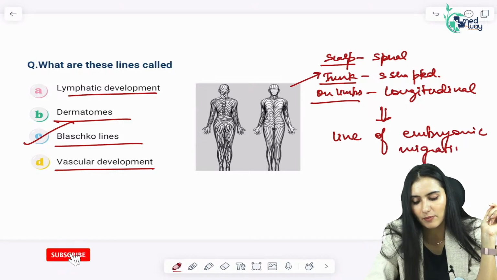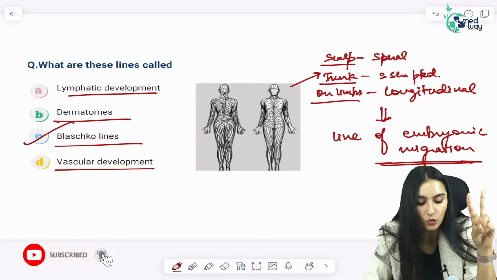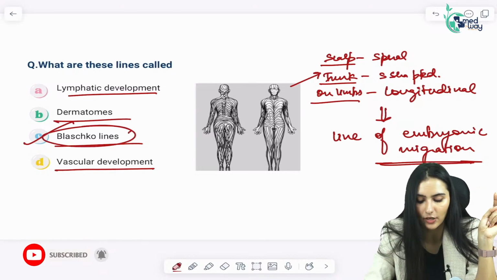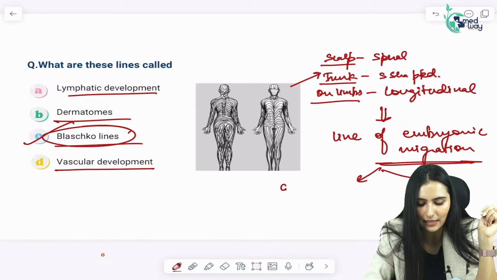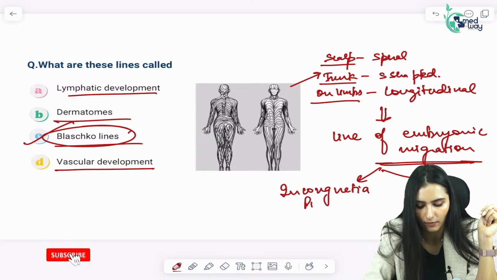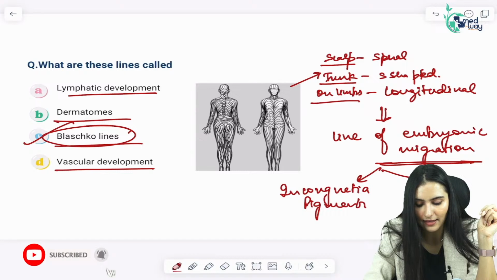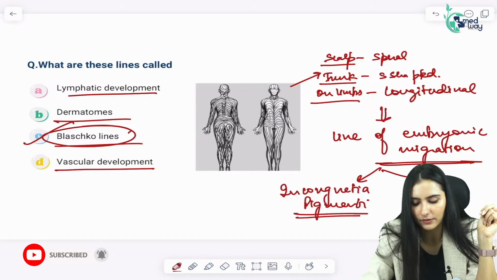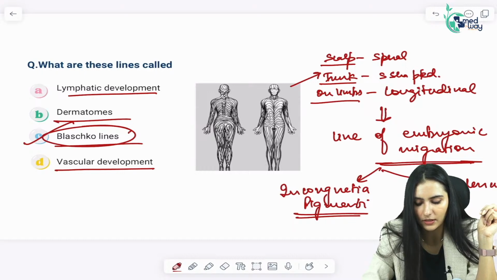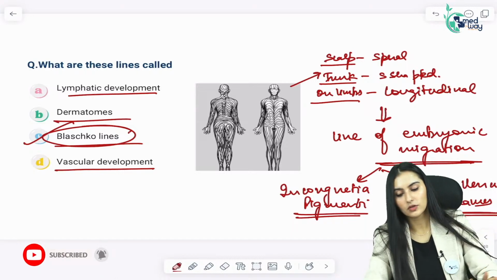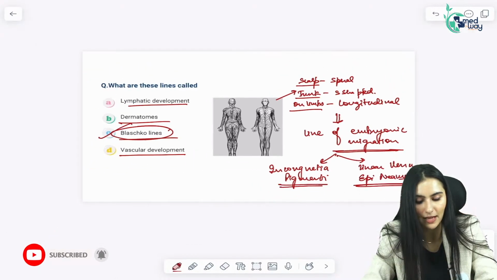So these are lines of embryonic migration. There are two diseases that are associated with Blaschkoid lines. One is incontinentia pigmenti, and the other disease is going to be linear verrucous epidermal nevus. Okay, so these are two diseases that are associated with Blaschkoid lines.